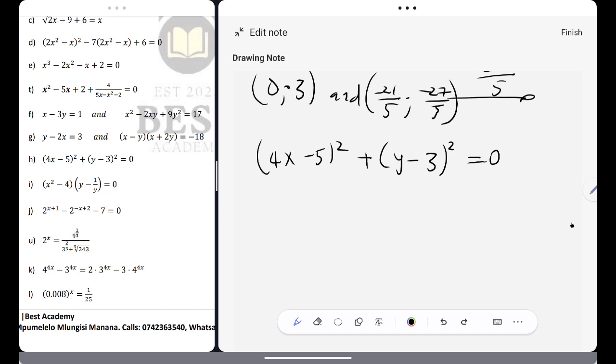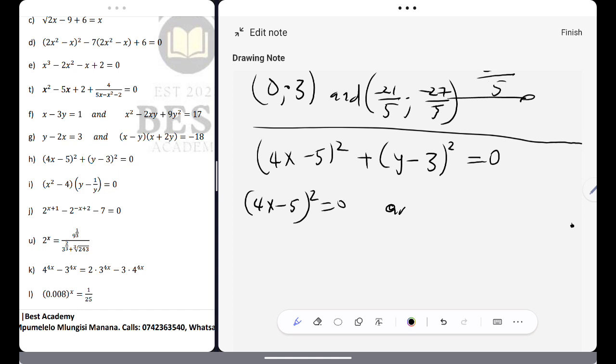So to solve for x and y, all I need to do is say (4x minus 5) whole squared is 0, and I'm saying and because both of them are 0. I know it's a fact. Are you together?